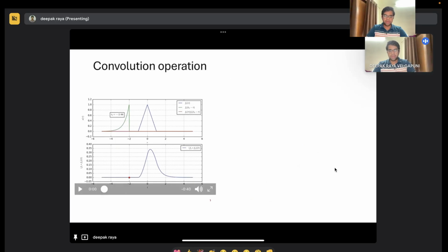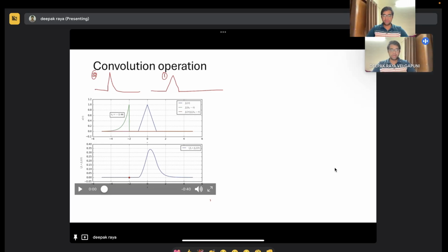I'll show this a convolution operation. What happens in a convolution operation is we have two functions, either in time or frequency domain. Let's not mix signal and frequency. So we have two functions of this shape. Let's say one is a triangle and one is this signal. So what is a convolution operation?